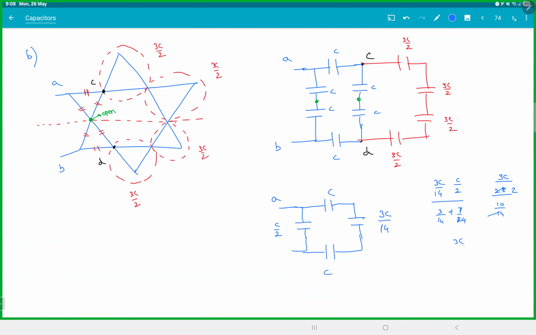So that is 3C by 20 plus parallel to C by 2, 10. 13C by 20. Right? Am I right? 3C by 2, 3C by... Anyone got this?